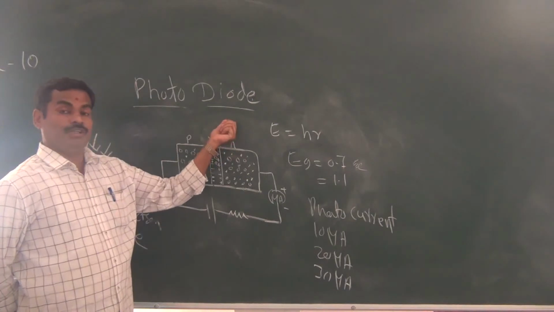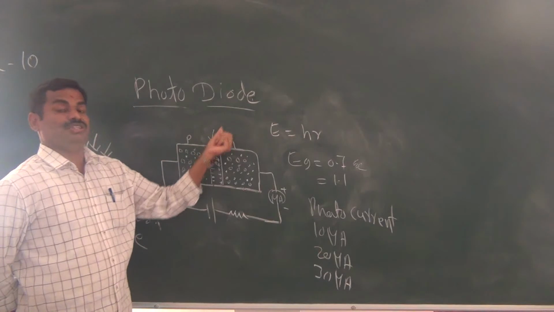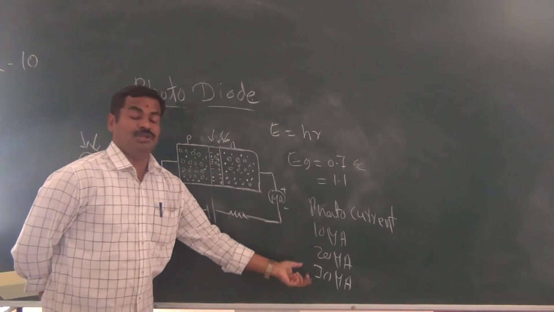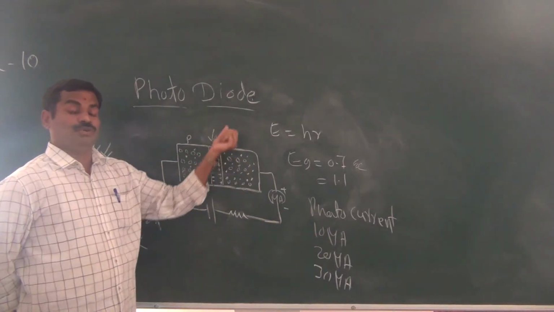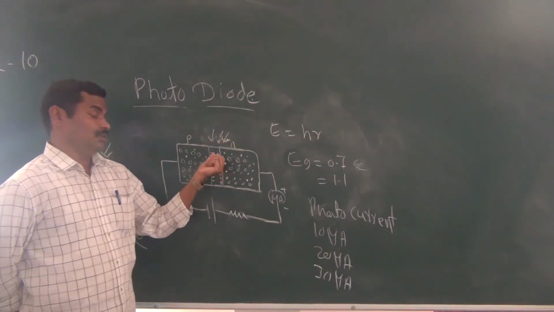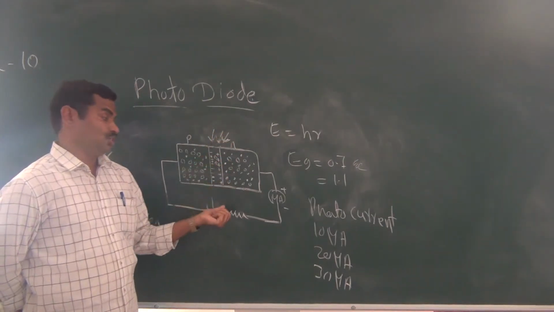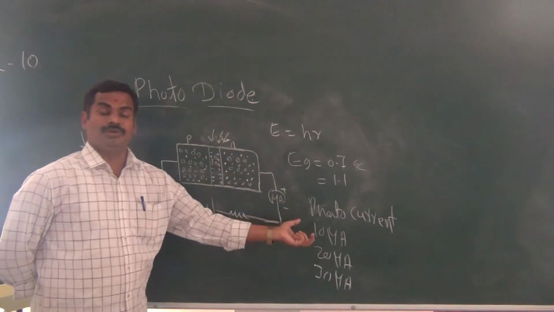How many number of light rays are incident on the depletion layer or junction, you will get more photocurrent. How much the intensity of light is falling on the junction, that determines the photocurrent. As the intensity is more, the photocurrent is also more.